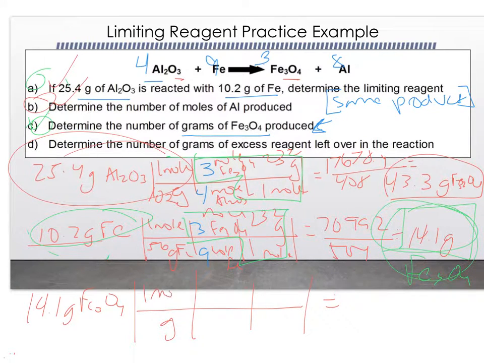So then we do a gram to mole conversion, and the molar mass of Fe3O4, we've already done this, which is 232. Then we'll do a mole of Fe3O4 to moles of aluminum oxide. So then those coefficients are a 3 on the bottom and a 4 on the top. And then we'll do a 1 mole to gram ratio, which is 102 at the top.